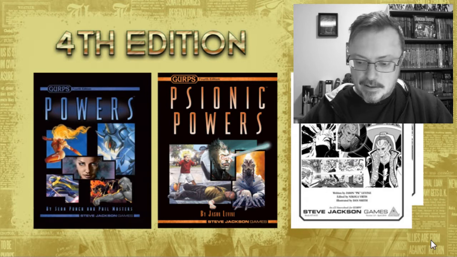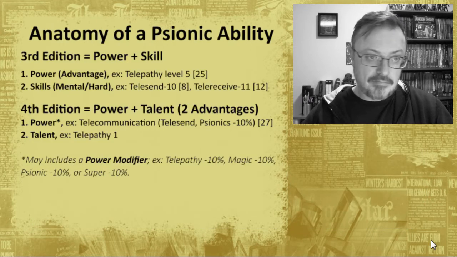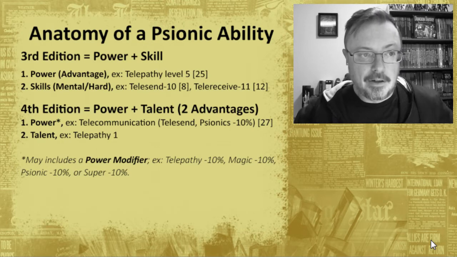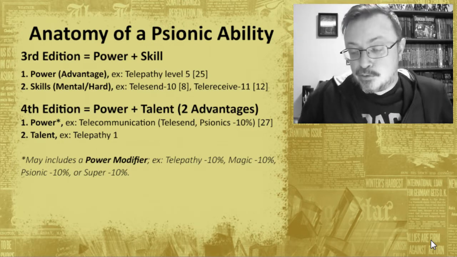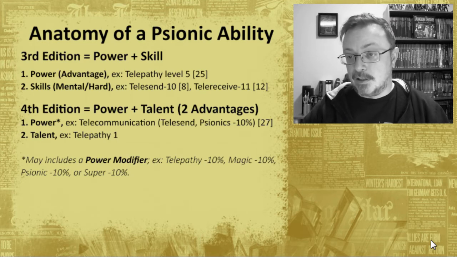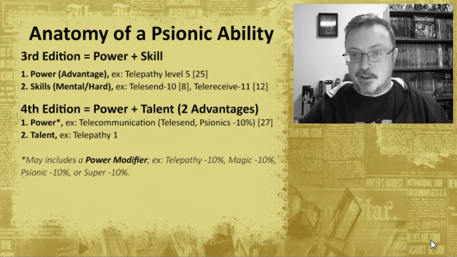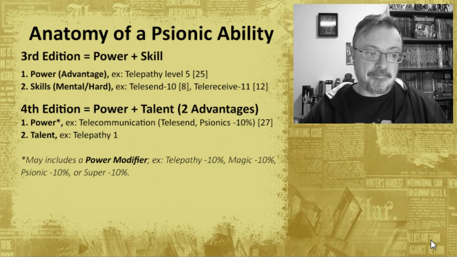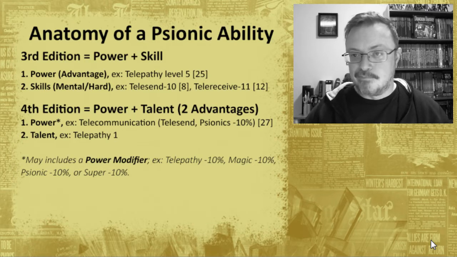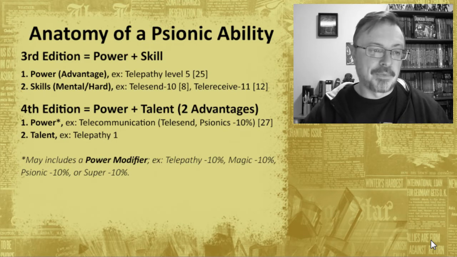So let's talk about the anatomy of psionic powers. As you can see here, there are two different ways of doing psionic abilities in GURPS now, and that's just by default. If you're creative, you can build a new one and a new system.